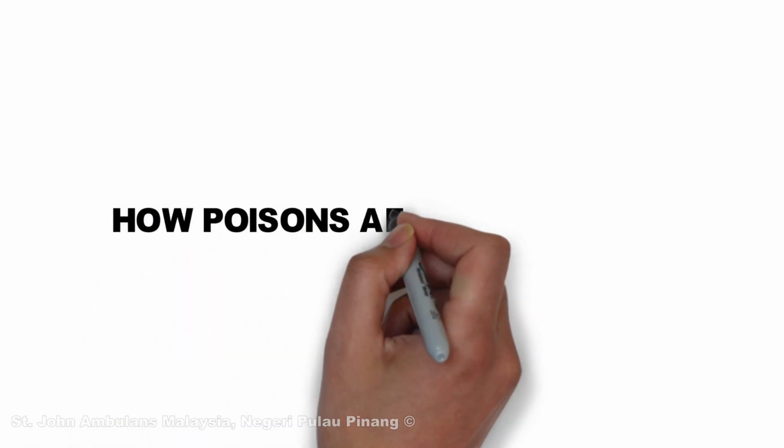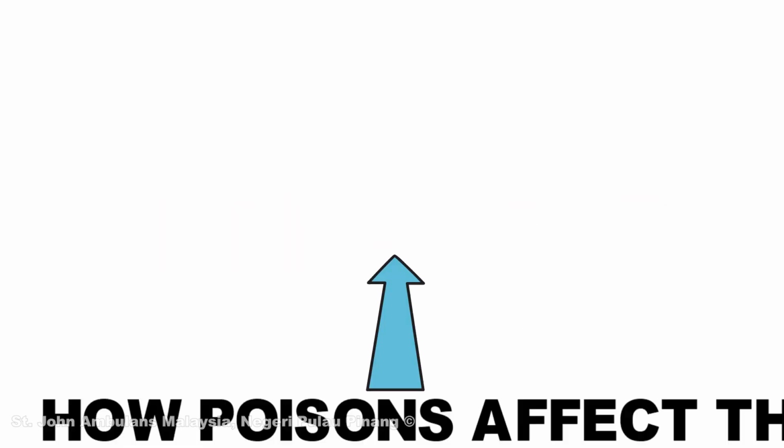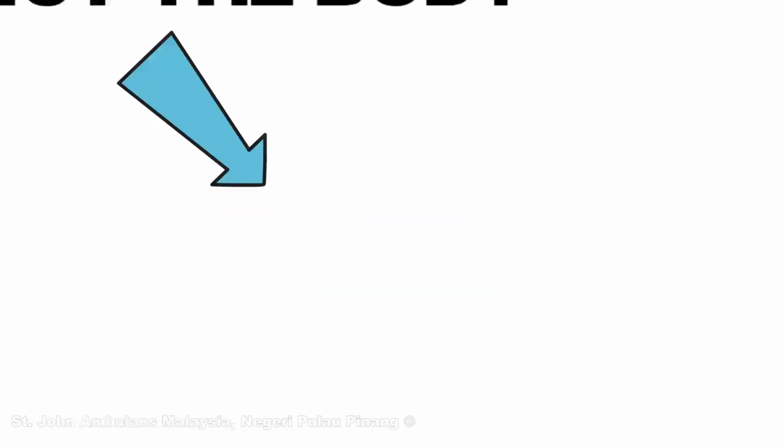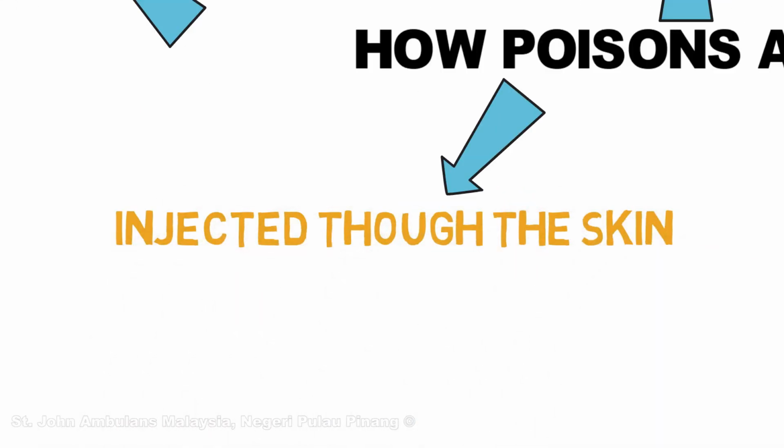Now, let us take a look at how poison affects or comes into our human body. Poison can enter our body in several ways, such as swallowing, absorption through the skin, inhalation, splashing in the eye, and injection through the skin.